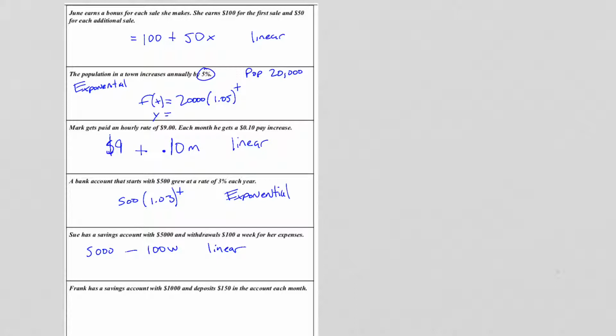And this last example, savings account, $1,000. Deposits $150 in the account for every single month. It's growing by $150 a month, but it's not growing by a percentage or a ratio. And it's not a multiple, if you will. So this is also definitely linear.